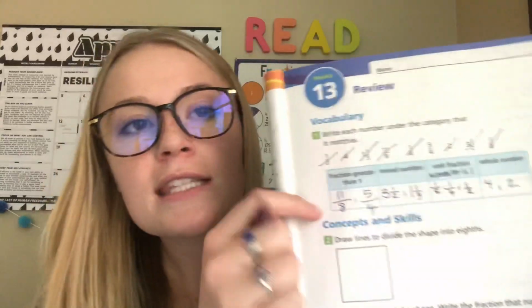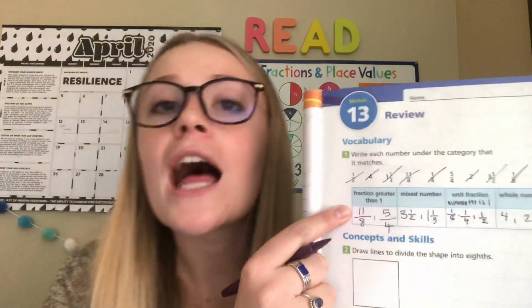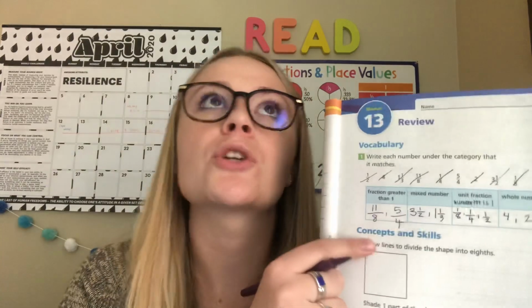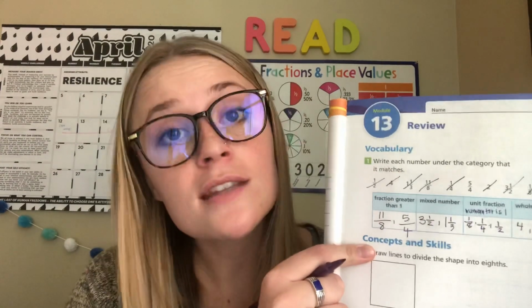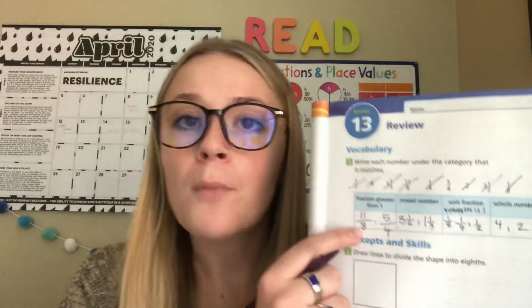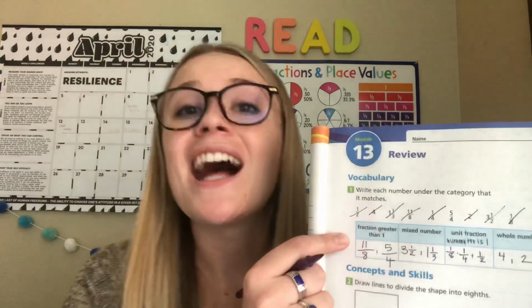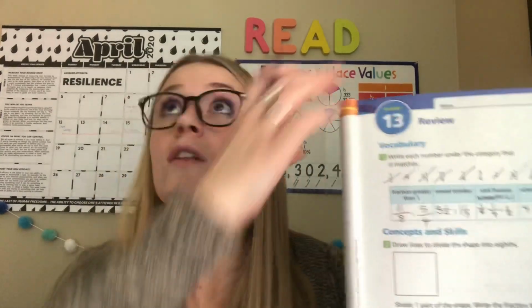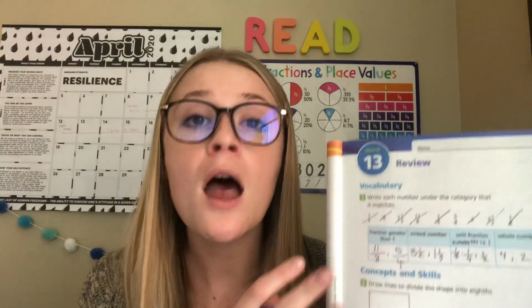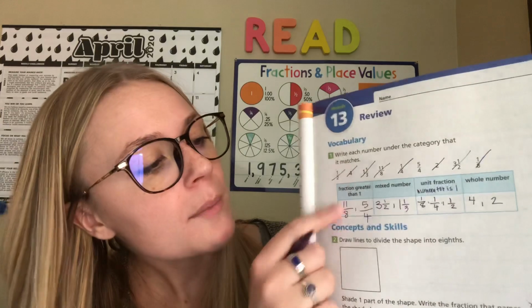So this tells us that the size of the pieces are 1/8 and we have 11 of them. So if we're talking about slices of pizza, we would say each whole pizza has 8 slices, but we have 11 slices, so we have a whole entire pizza plus 3 extra slices. That's what this number means, 11/8.